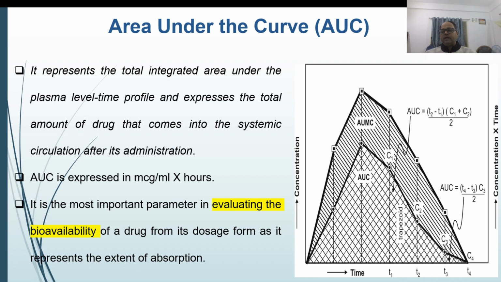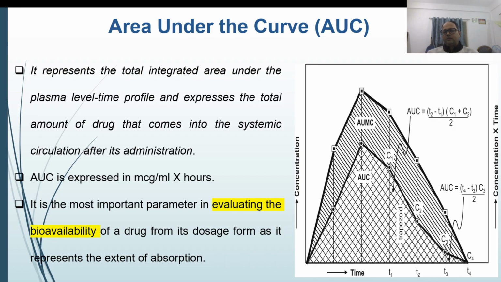Okay, so the area of an individual trapezoid can be calculated by the formula half into summation of two parallel sides into height. The height can be calculated by subtracting the lower value from the higher value, like T2 minus T1, T3 minus T2, or T4 minus T3, like that.